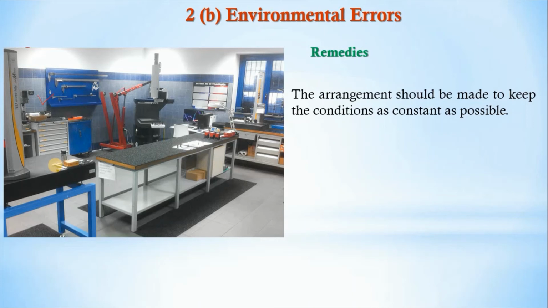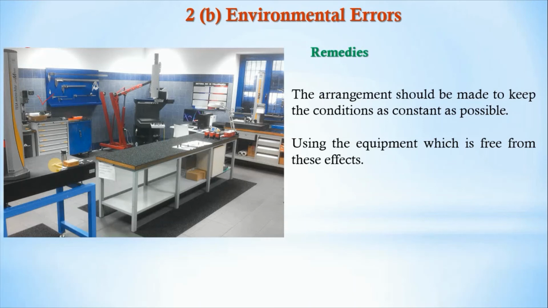So we have to reduce the atmospheric changes while controlling whatever the conditions are in the room. So we have to see that the equipment which we are using is free from the effects like temperature, pressure change, loading effects.